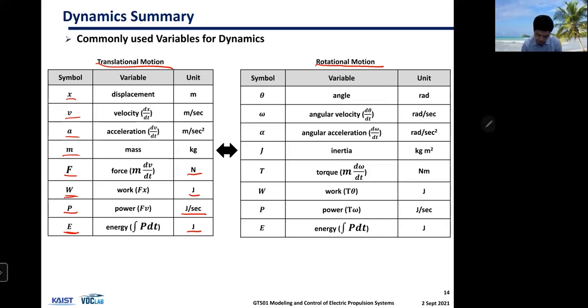Some of you may not be familiar with variables for rotational motion. So angular position, theta, angular speed, omega, alpha, and J is the inertia, which corresponds to mass in translational motion. And torque, you can think of that as force in translational motion.